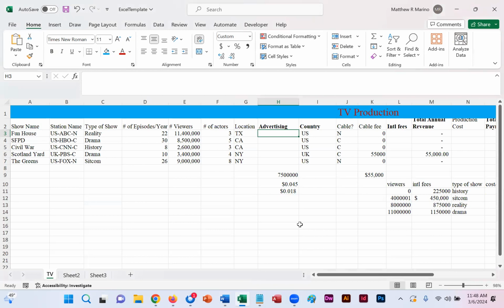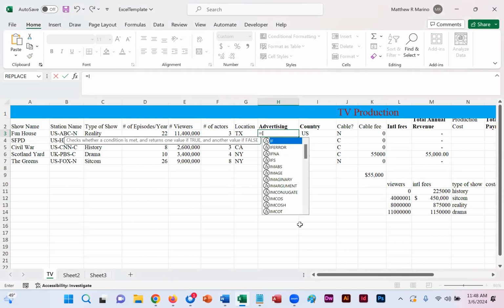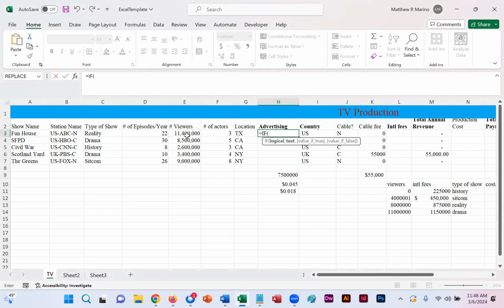No, so you do IF your number of viewers is less than the 7.5 million you put in as an assumption. We make that an absolute.